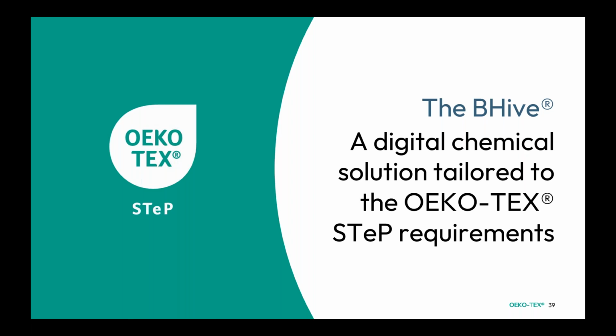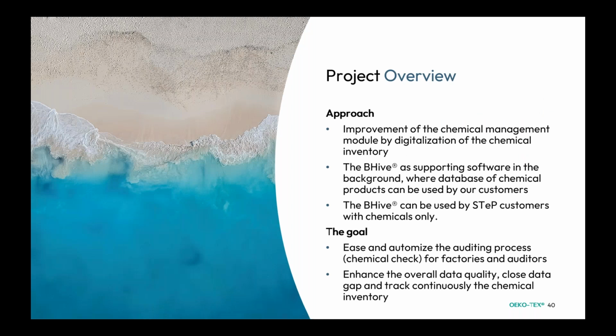We also quickly want to talk about the Beehive, which is a digital chemical solution tailored to the OEKO-TEX STEP requirements. The approach of this project was the involvement of the chemical management module by digitalization of the chemical inventory that each production site has. The Beehive is used as supporting software in the background, where databases of chemical products can be used by our customers.